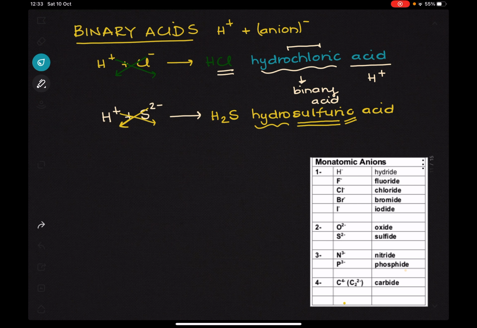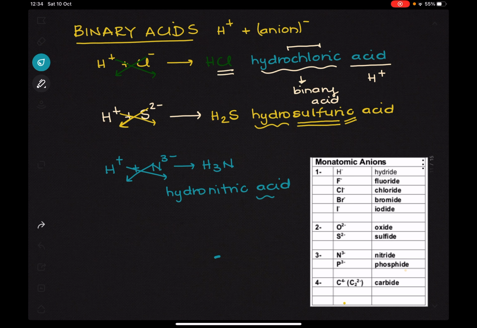Let's do another one. We have hydrogen. We have, let's do a 3 plus and 3 minus. We change the charges, and I have H3N. So in this case, I would have hydronitric acid.